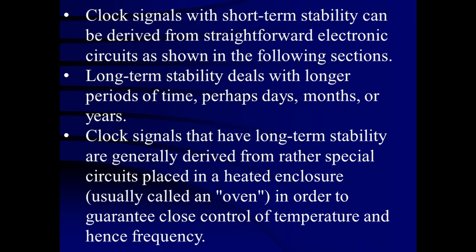Long-term stability deals with a longer period of time, perhaps days, months, or years. So, some of the circuits will remain continuously on for some days, some months, or some years. The frequency of the clock period should not change for this much time, and that is called long-term stability. Clock signals that have long-term stability are generally derived from rather special circuits placed in a heated enclosure.